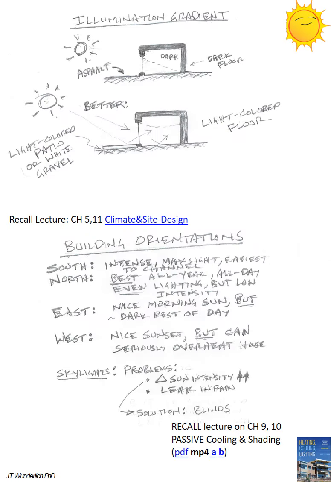Now there's the illumination gradient that we've mentioned before, directing, reflecting to get the sun indoors. And then also the building orientations, which we've talked about before in a couple places.